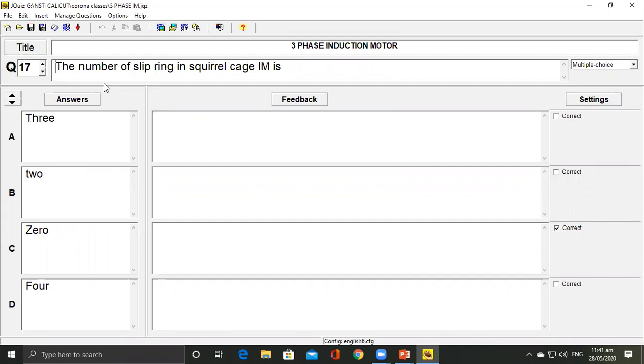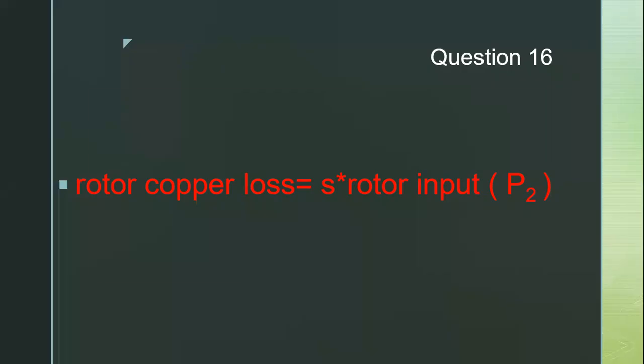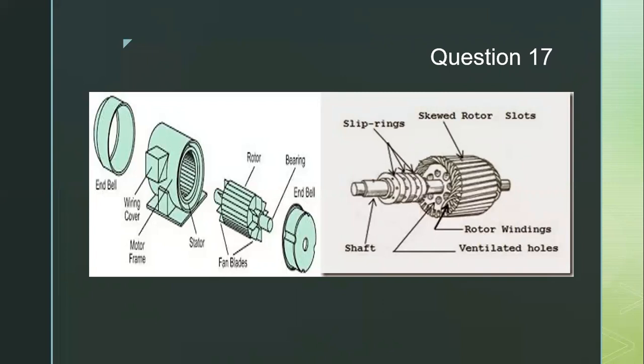So the next question: the number of slip rings in a squirrel cage induction motor is 3, 2, 0, 4. So what is the number? In the slip ring induction motor, there are slip rings, but this is a squirrel cage induction motor. In the squirrel cage induction motor, parts you can see in the figure, there is no slip ring here.